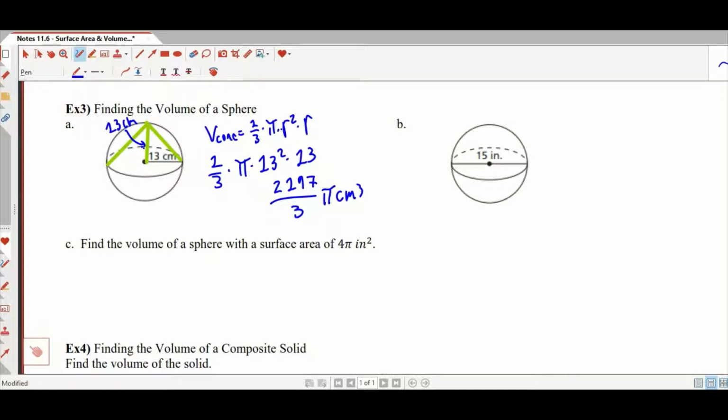And now the thing is that 4 of those cones are going to fit into that sphere. So I'm going to multiply this thing by 4, which gives me the absolutely horrible number, 8,788 thirds pi centimeters cubed.